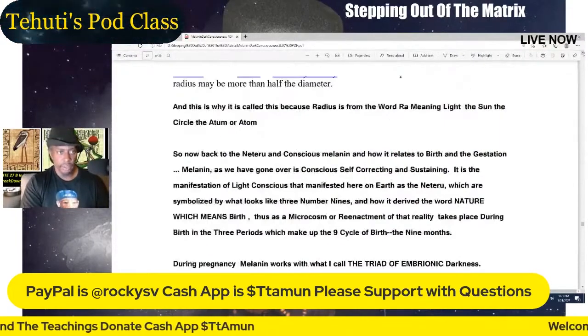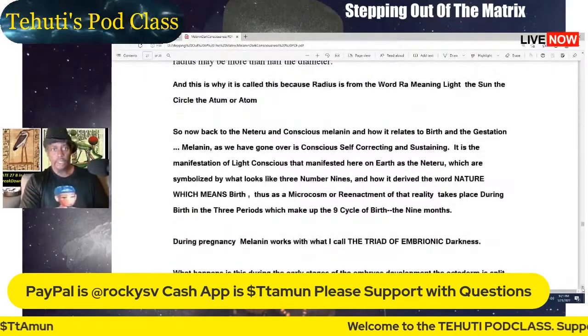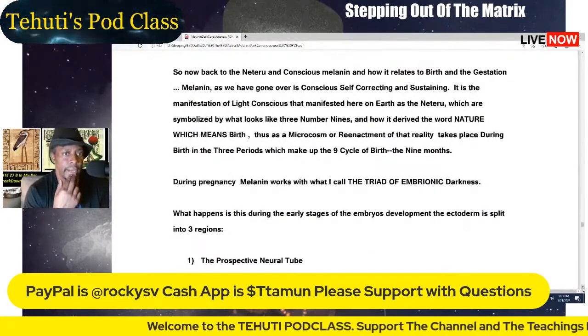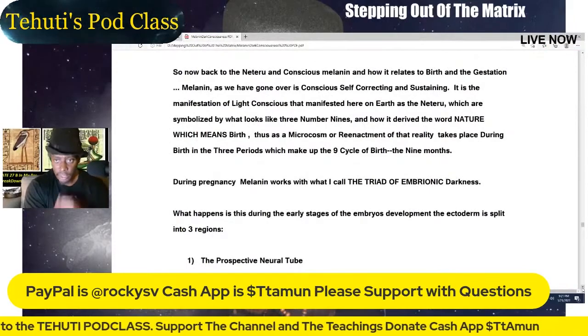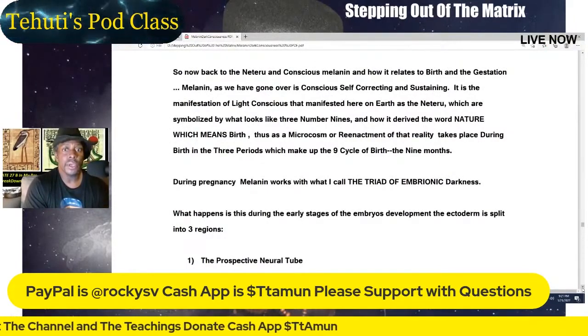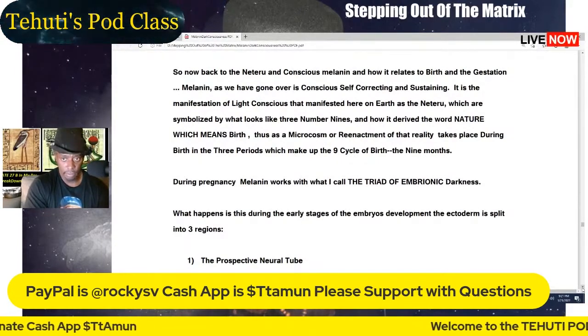Okay, so this is the cover of the book, and we'll go into a section of the book, Melanin Dark Consciousness, and it says here, so now back to the Nibiru and conscious melanin and how it relates to birth and gestation. Melanin, as we have gone over, is conscious, self-correcting and sustaining.